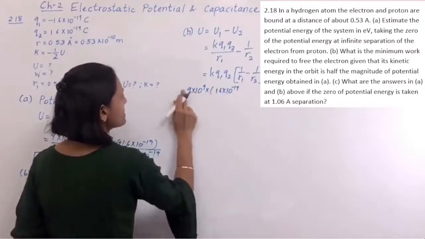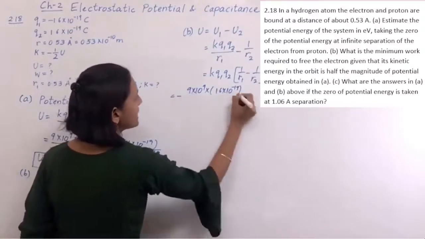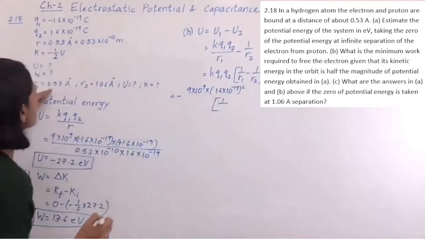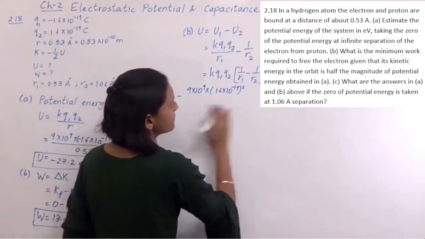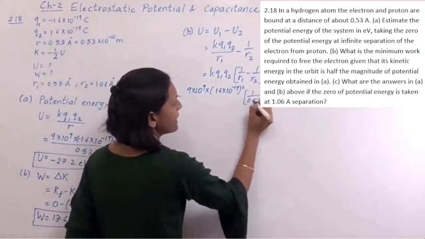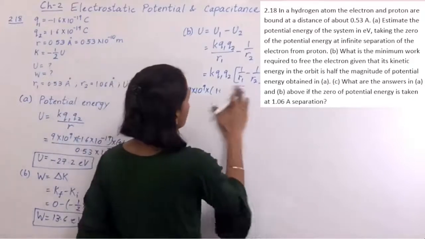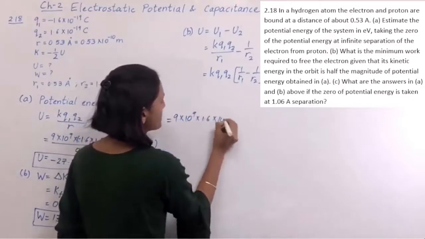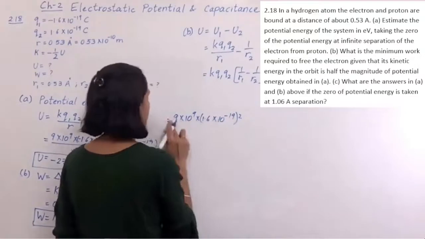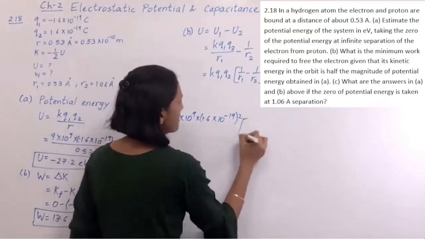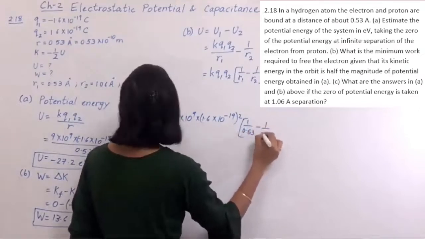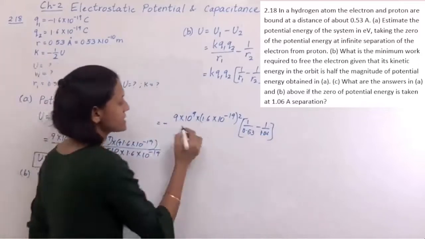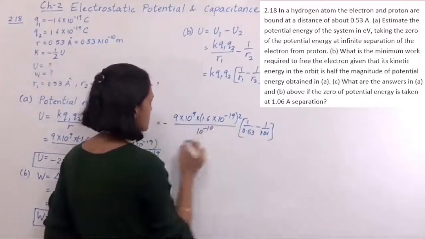I'll take this minus over here and make the square of this, q1 and q2, into bracket 1 upon r1, which is 0.53 angstrom, 1 upon 0.53 minus 1 upon 1.06, and the conversion factor 10 raised to minus 10 is taken over here as common.